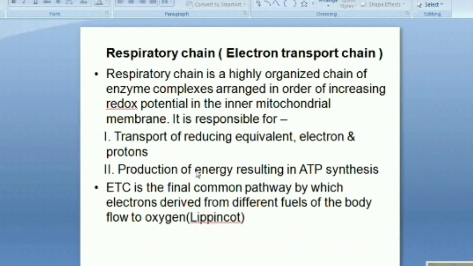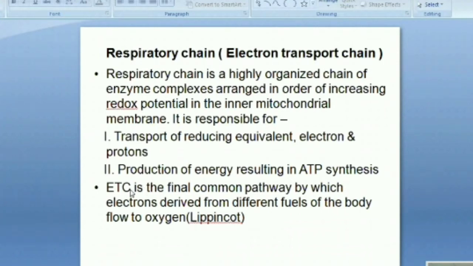Another function is the production of free energy, and from this free energy, ATP is synthesized in complex 5. Complexes 1 to 4 are the constituents of the respiratory chain. Complex 5 is outside the respiratory chain, but in very, very close association with it, responsible for ATP synthesis.